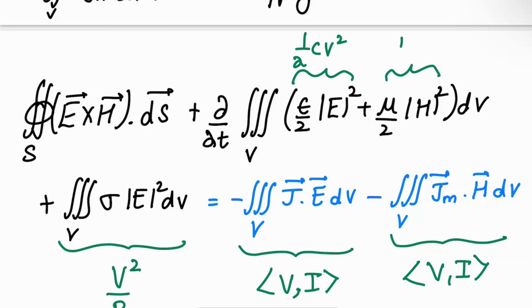This looks something like 1/2 Li square, right? And those are the energies that are stored in the electric and magnetic fields. Epsilon is something like capacitance per unit length. Mu is something like inductance per unit length, right? The units, in fact, are Henry per meter and Farad per meter. So that's what those are.